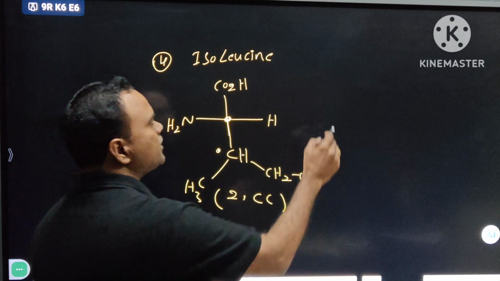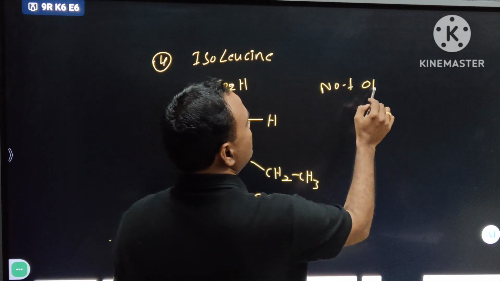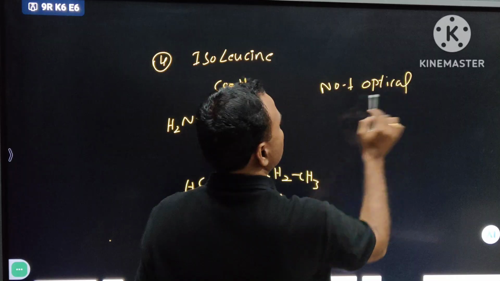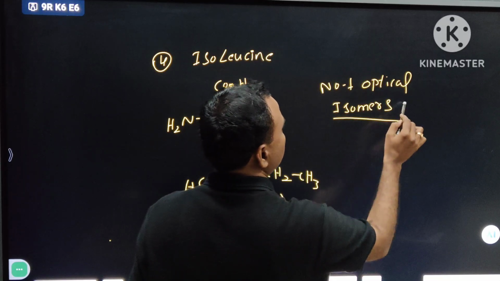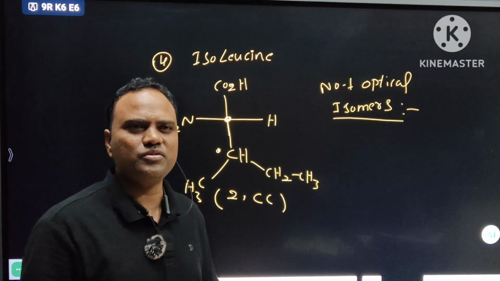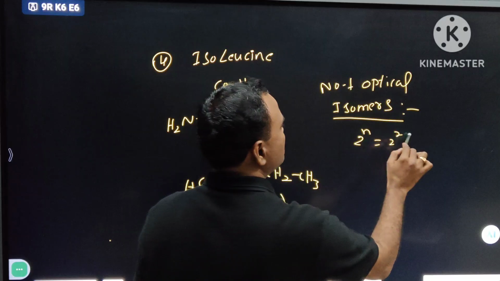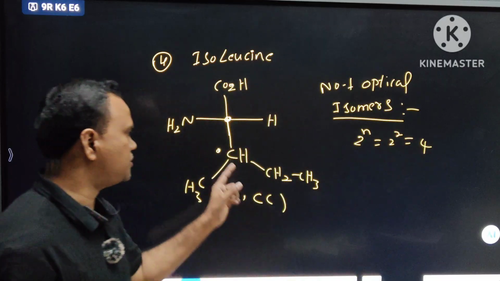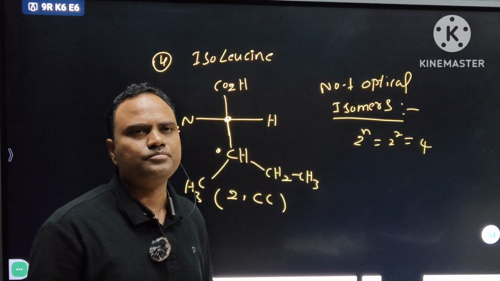What is the formula for chiral centers? Number of optical isomers. Toughest question, because you have to remember the structure. Then only you can. 2 to the power n, 2 to the power 2, that is equal to 4, because this is one chiral center, this is also one chiral center.